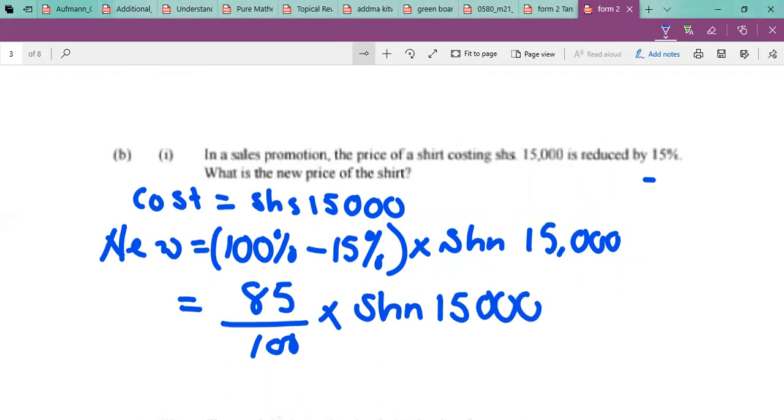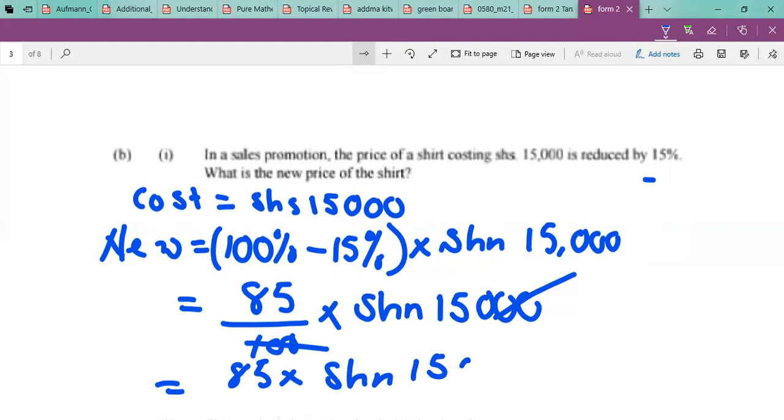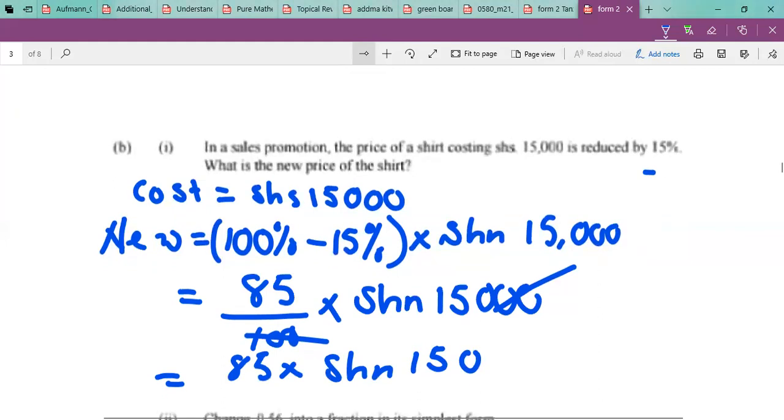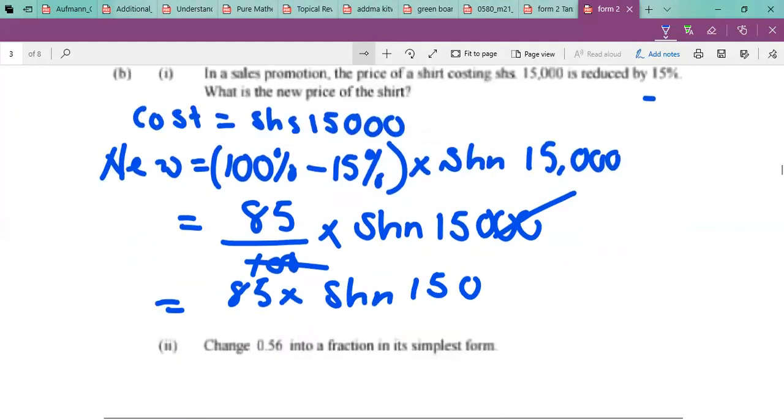So 100 into 15,000, you remain with 150,000. Therefore, you have 85 times 150 shillings. Once you multiply that, you need to take your time.